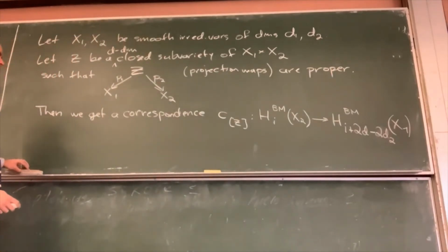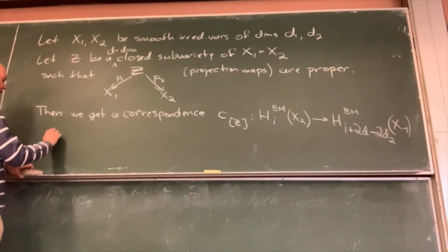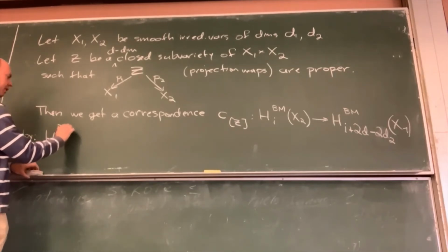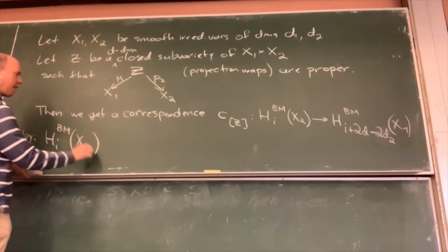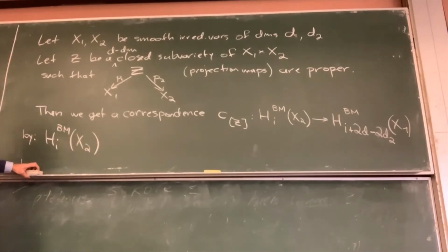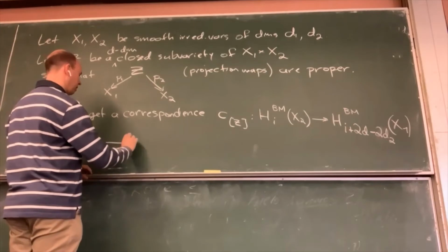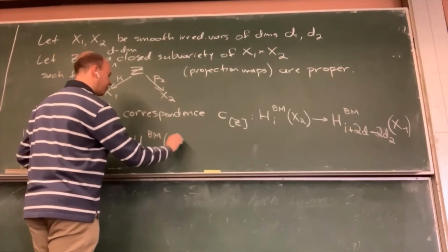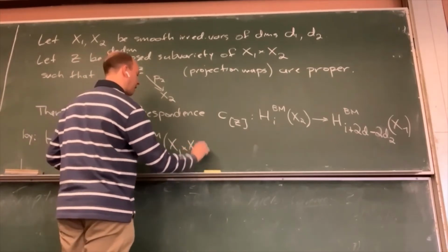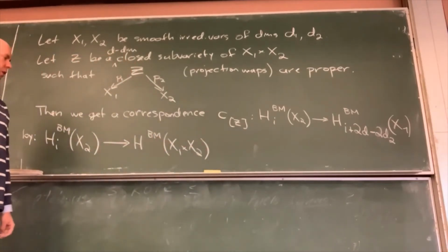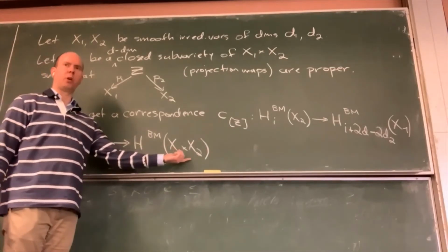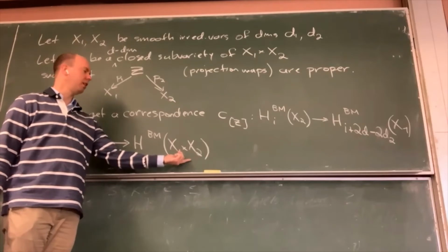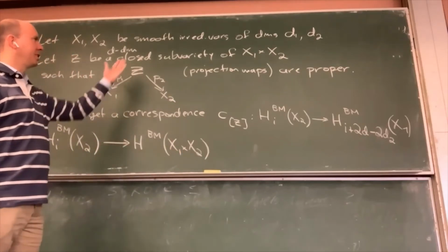So the way we get this is as the following composition. You start off in the Borel-Moore homology of X2. Then you can pull back to the product X1 cross X2, because the projection onto the second factor of the product is certainly a locally trivial, in fact trivial, fibre bundle, and the fibres are these X1s, which I assume to be smooth irreducible varieties.